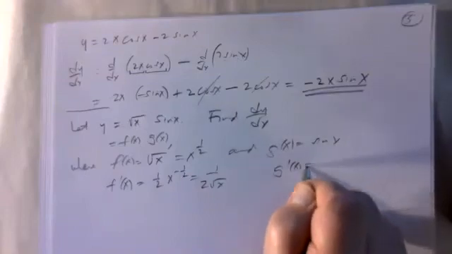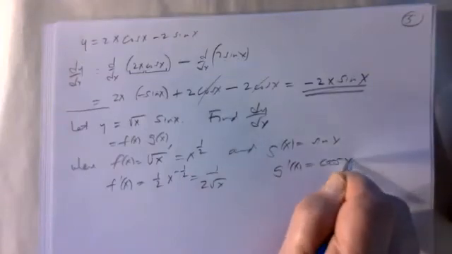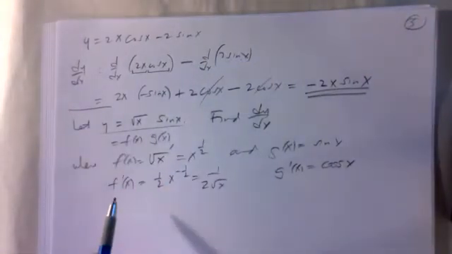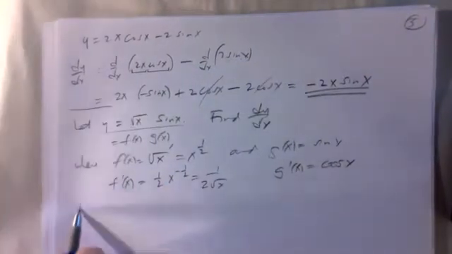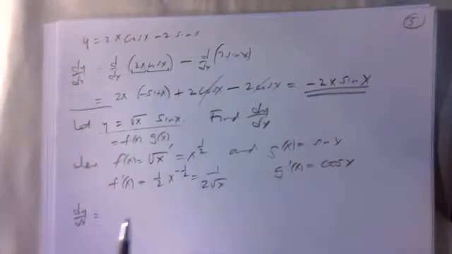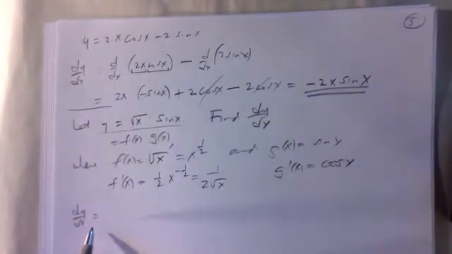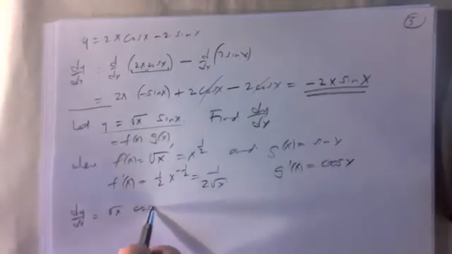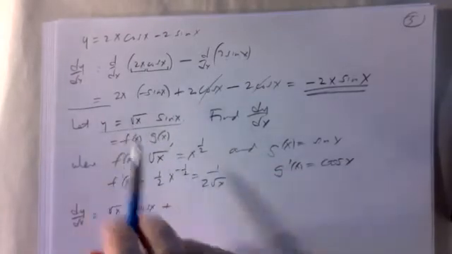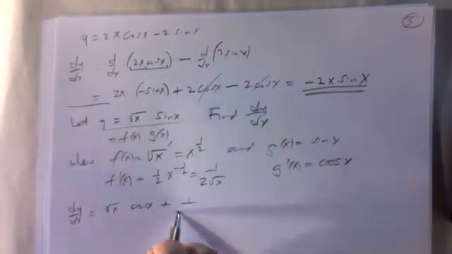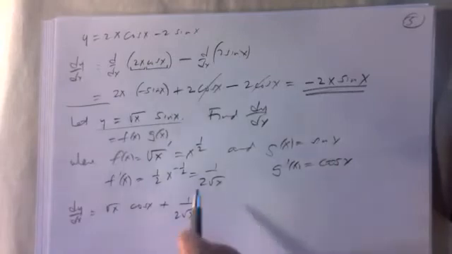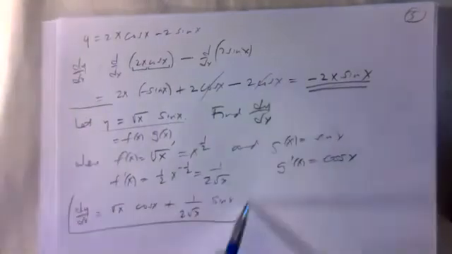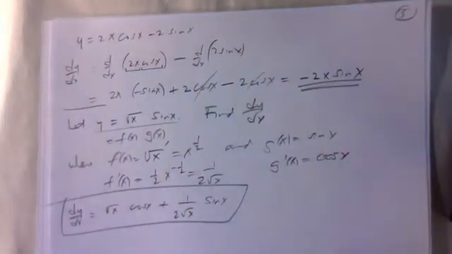And the derivative of the sine is the cosine. So for this function, y equals square root of x sine x, dy dx is f of x times the derivative of the sine plus the derivative of square root of x, 1 over 2 root x, times the sine. And that's the answer.